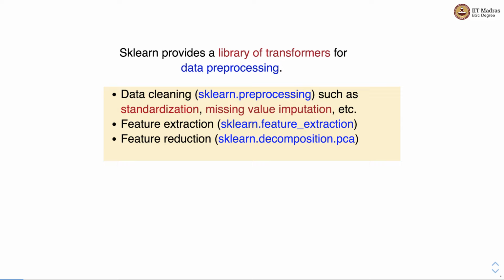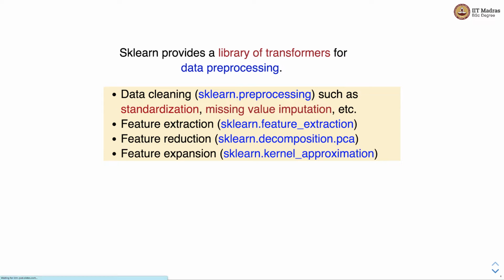Then we have feature reduction. The sklearn.decomposition module has a bunch of feature reduction algorithms implemented. One of them is PCA, which we will discuss in this module. And then there are methods for feature expansion, especially in kernel methods, which we will study later once we study support vector machines.